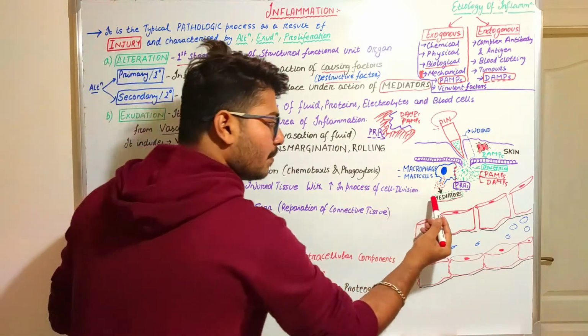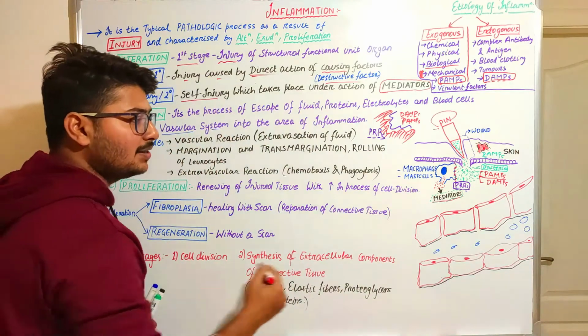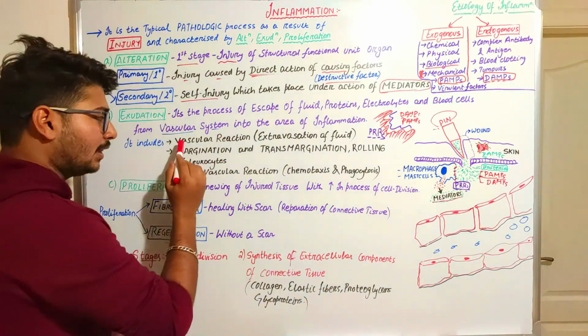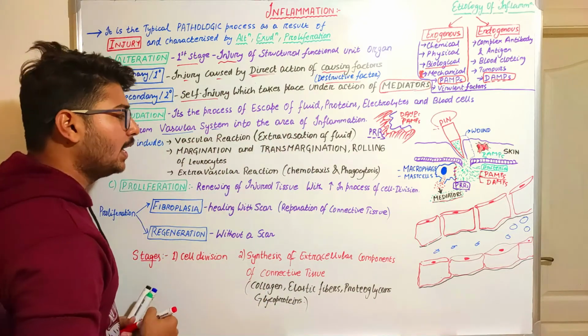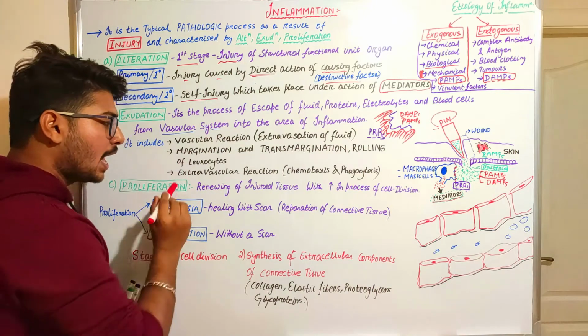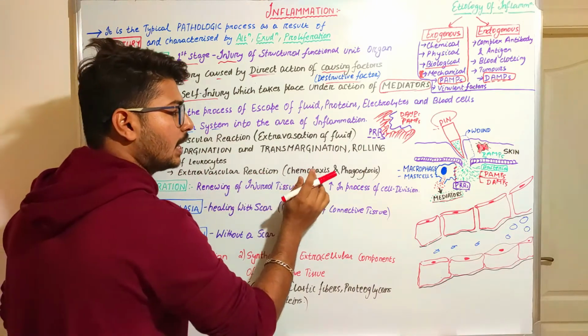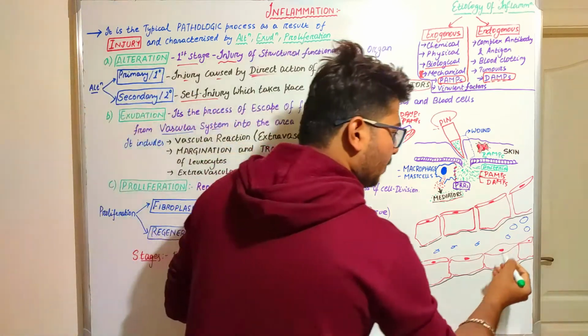So these mediators are going to perform some actions on these blood vessels, and these actions can be vascular reactions or extravasation of fluid, margination and transmargination, rolling of leukocytes, and extravascular reactions like chemotaxis and phagocytosis. What do you mean by this?